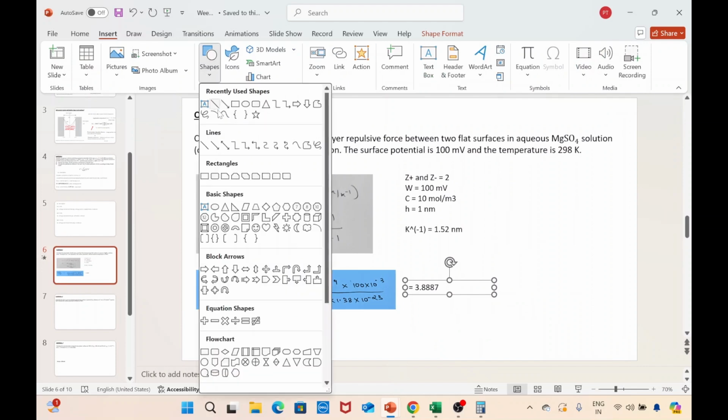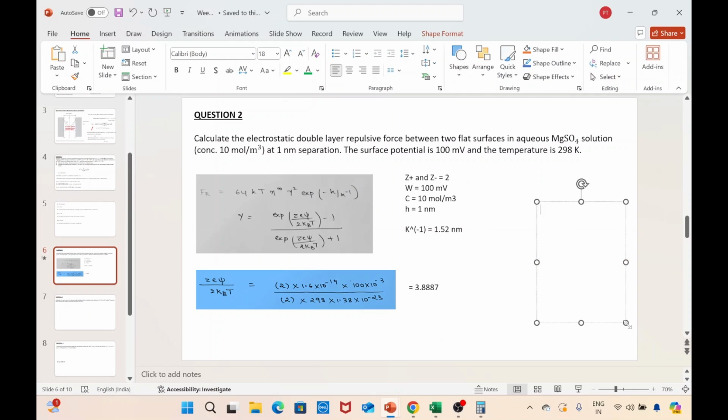Gamma will be exponent of 3.8887 minus 1, divided by exponent of 3.8887 plus 1.